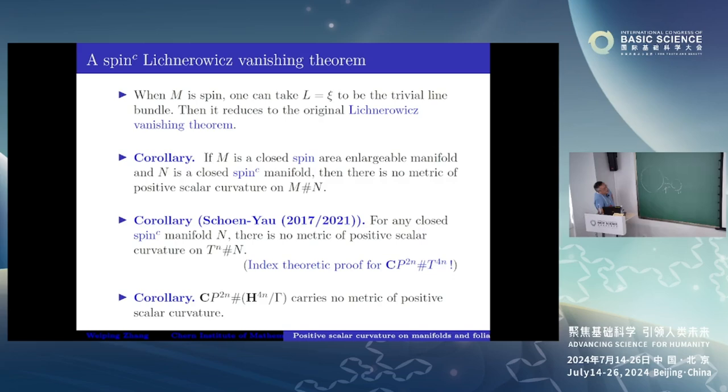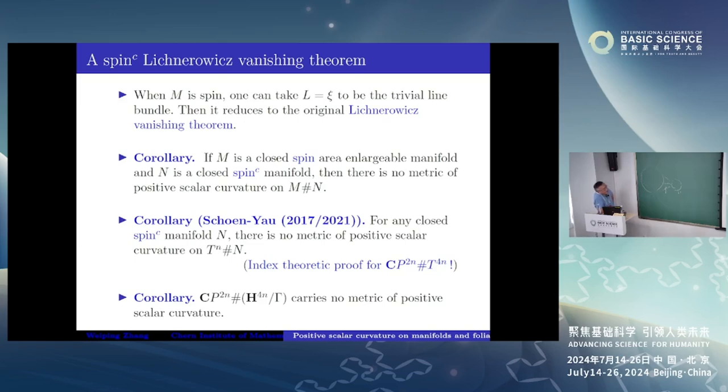Such a theorem has an interesting corollary: if M is a closed spin area enlargeable manifold and N is any closed spin C manifold, then the connected sum will not have a metric of positive scalar curvature. A corollary of this above theorem applies in this setting. So if you take this spin manifold as a torus, you recover Schoen-Yau's result for spin C manifolds, and it gives, for example, an index theoretic proof of this result for spin C manifolds.